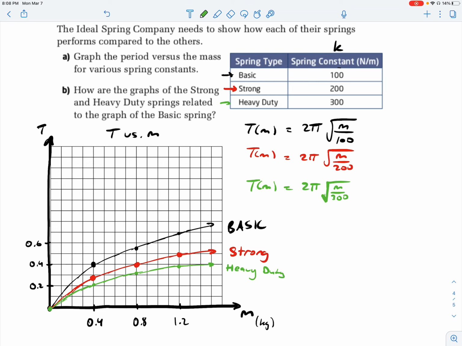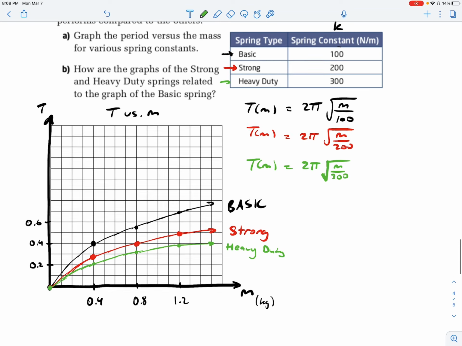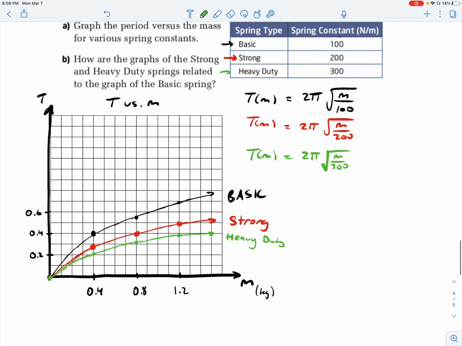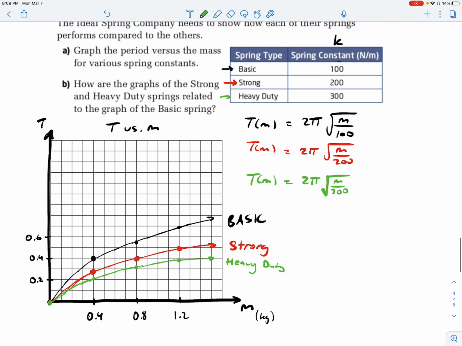How are the graphs of the strong and heavy duty springs related to the graphs of the basic spring? Okay, so if I compare these, I can actually say the strong spring is just 2 times the original spring.